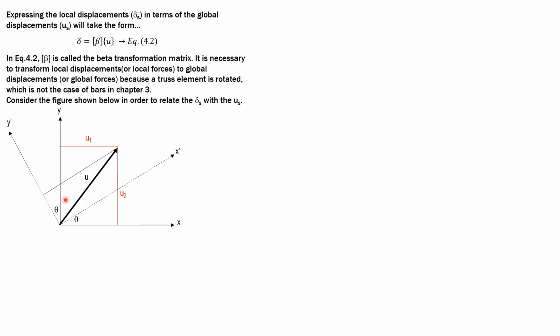So this blue displacement, parallel to the x prime axis, is delta 1, and perpendicular to the x prime axis is delta 2. Take note that we have here a right triangle with u1 as the hypotenuse. Then we draw a line perpendicular to the x prime axis to form this right triangle, and that's delta 2.